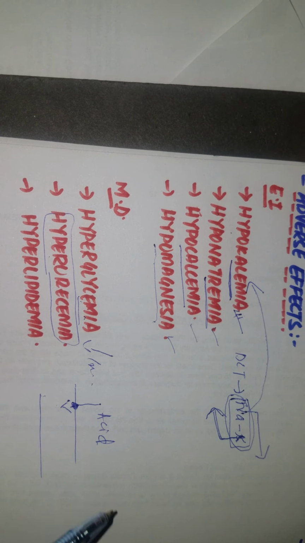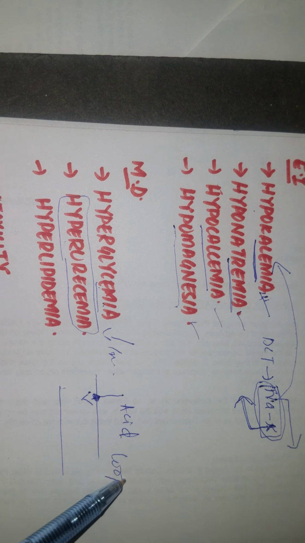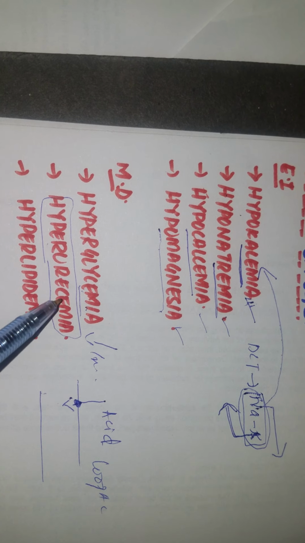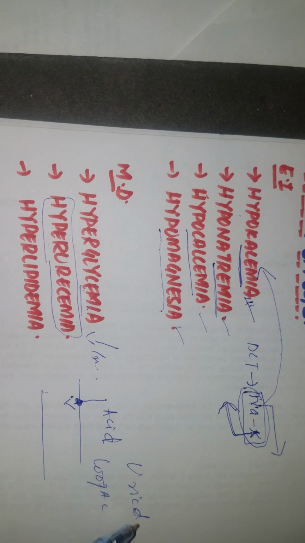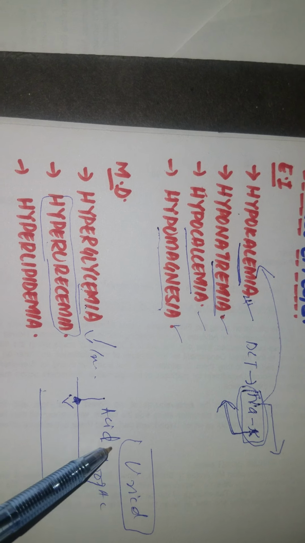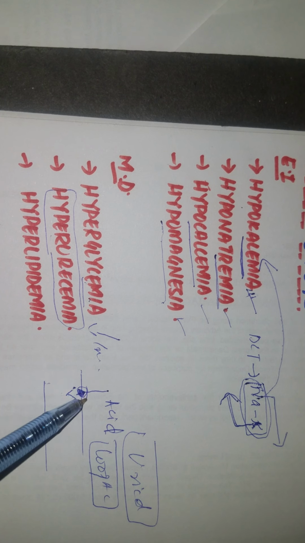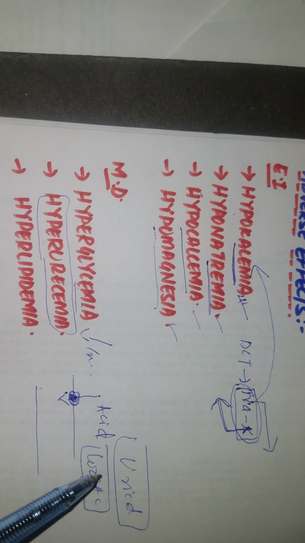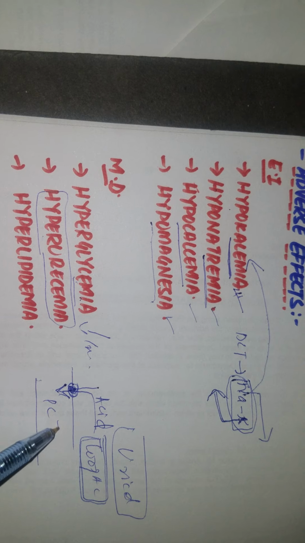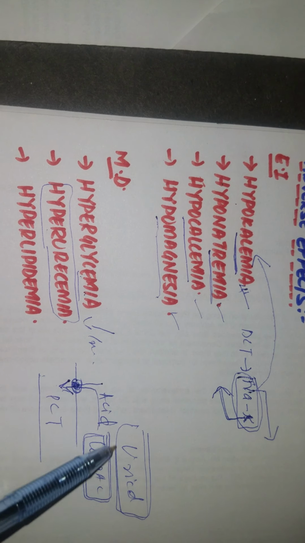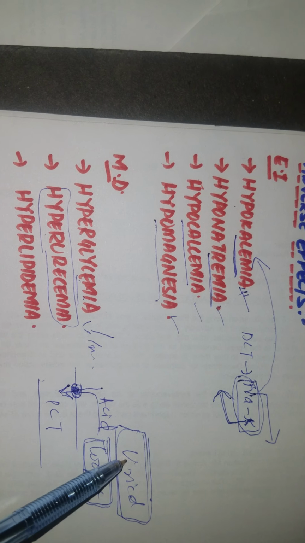We know that the loop diuretics are acidic, and uric acid is also an acid. So these two will compete for this transport, and whenever loop diuretics are in excess amount, they will be secreted into the proximal convoluted tubule, and uric acid will be retained in the blood, causing hyperuricemia.